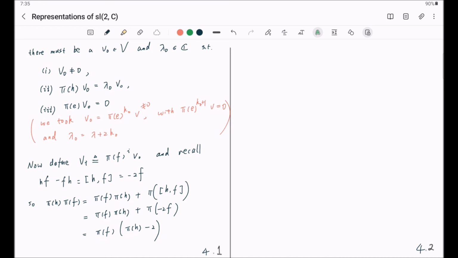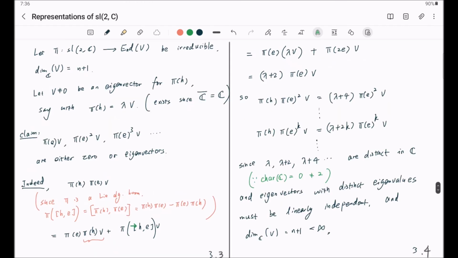And inductively, pi of H composed with pi of F raised to power i is, we have done a similar thing above in here.